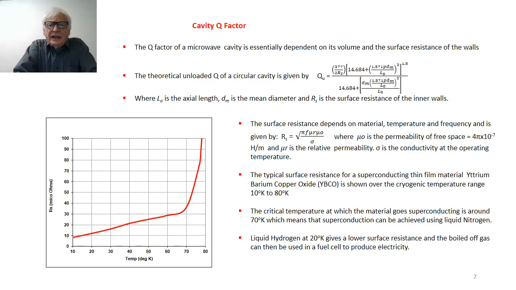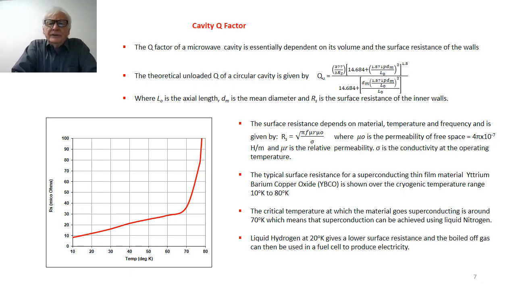And if we look at a superconducting material, it's applied to the inside of the cavity as a thin film, and the material we use is yttrium barium copper oxide. You just refer to it as YBCO.